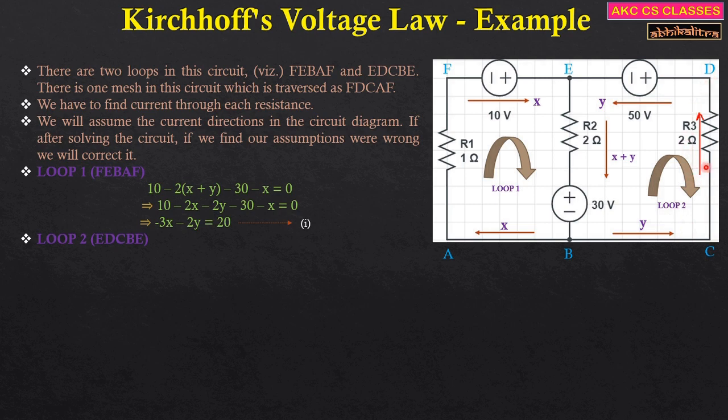Will there be a rise in IR, or a drop in IR? Since we are moving from D to C, and the current direction is from C to D, that means with respect to the current direction, C has a higher potential and D has a lower potential. That means when we are moving from D to C, we are moving from lower potential to a higher potential. That means there will be a rise in IR, so we will take the sign as plus IR.